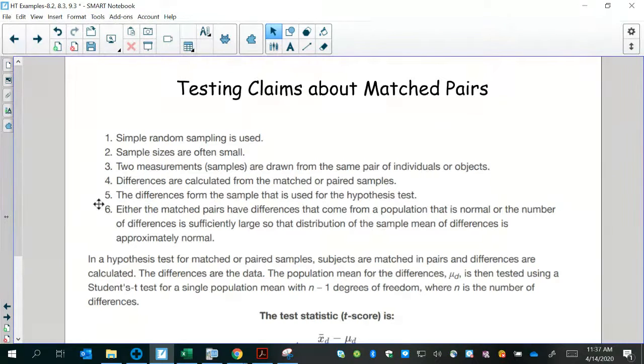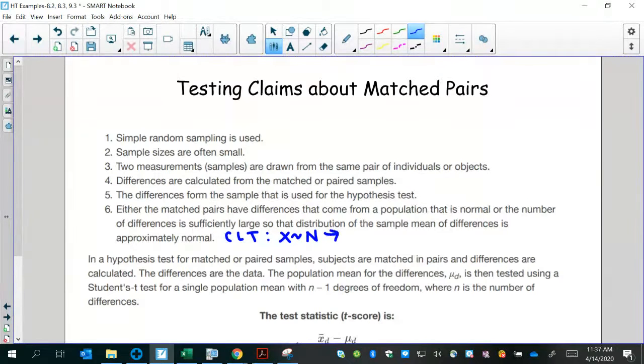So I'll just make a note here about the central limit theorem. CLT says if X is normal, then the sampling distribution will also be normal for the sample means, or if n, not capital N, but sample n, lowercase, is greater than 30.